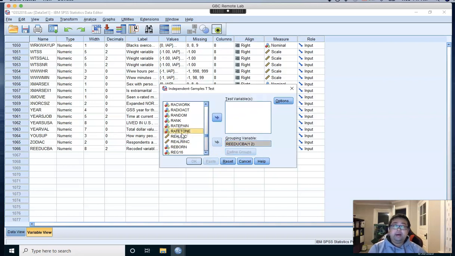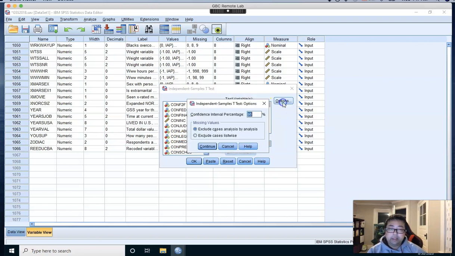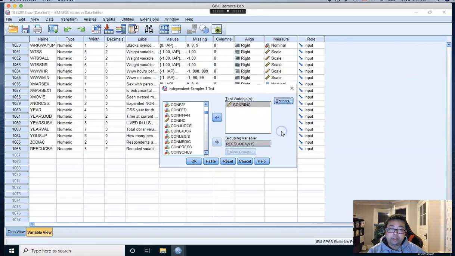And then I use conrinc, the variable of income in constant dollars. And for the option, maybe we can change it later, but we are using 95%.